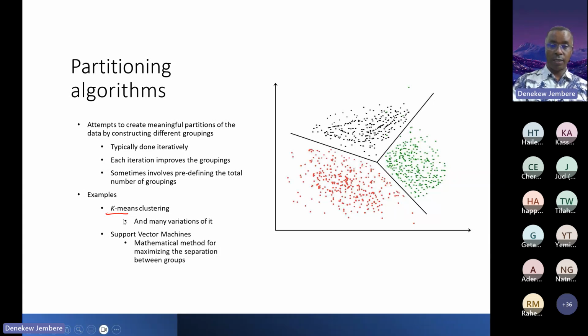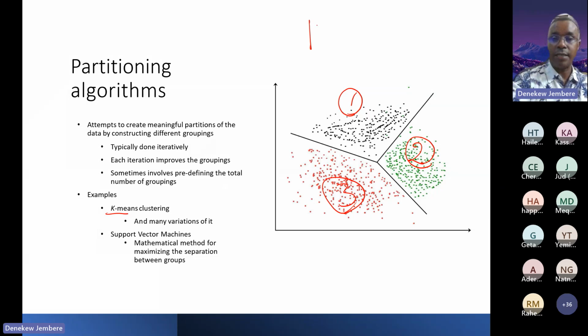Maybe you start with a certain group 1, group 2, group 3, right? You may start with 3 groups and then change. So in this case K is equal to 3. You may try K equal to 4, or K equal to 5, on the same data set.